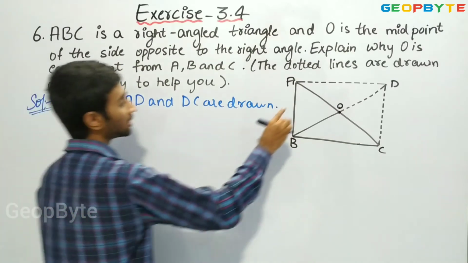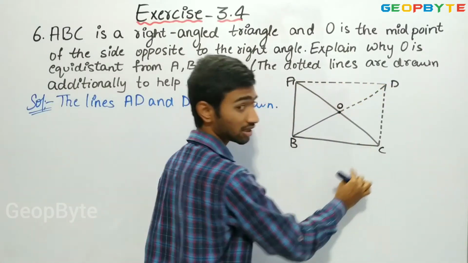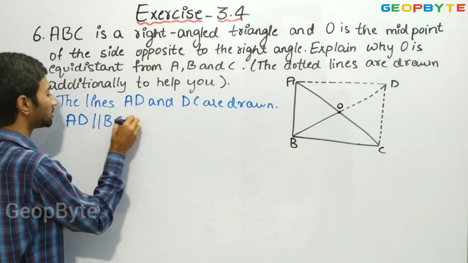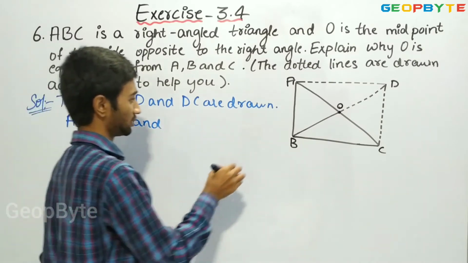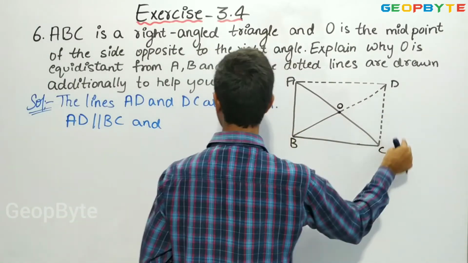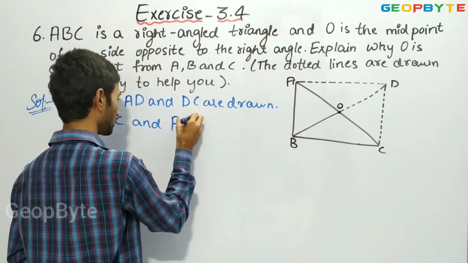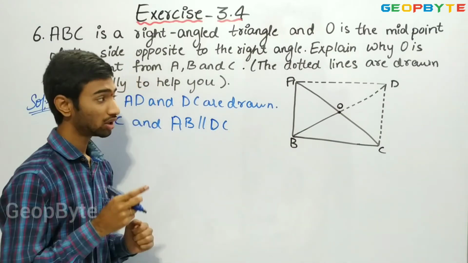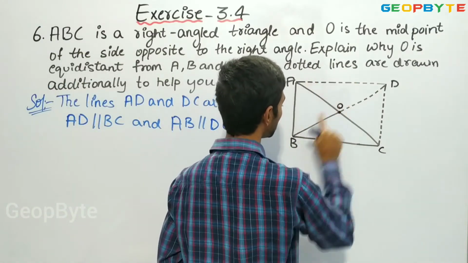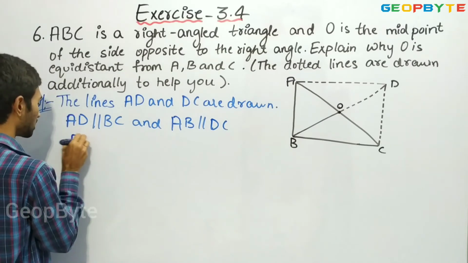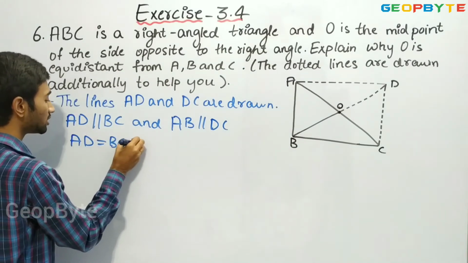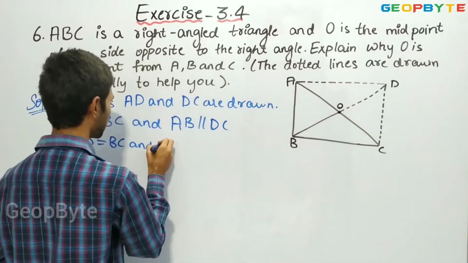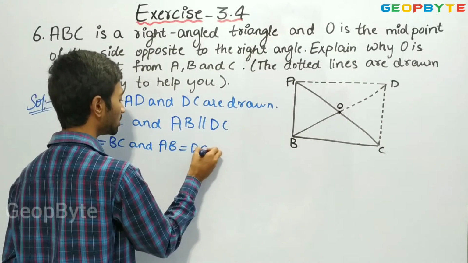So here AD is parallel to BC and AB is parallel to DC. Also here AD is equal to BC and AB is equal to DC.